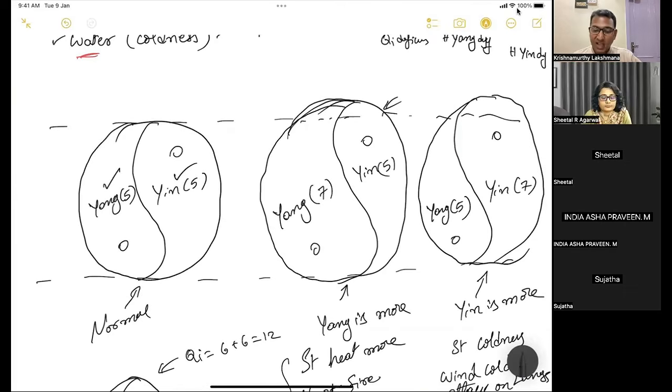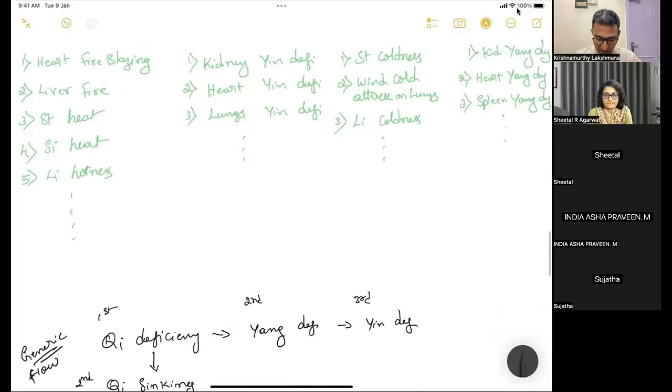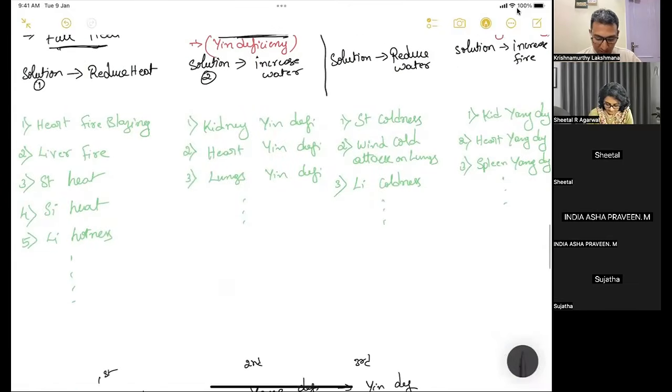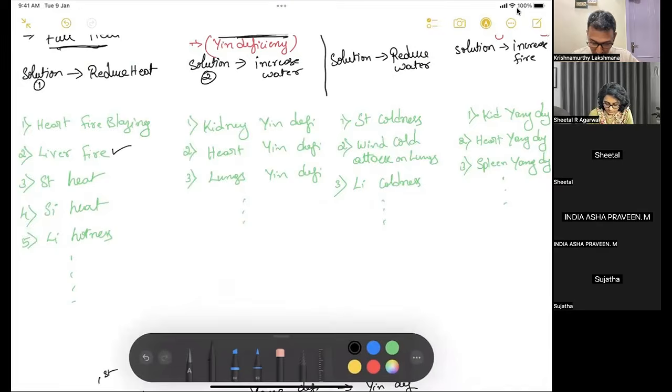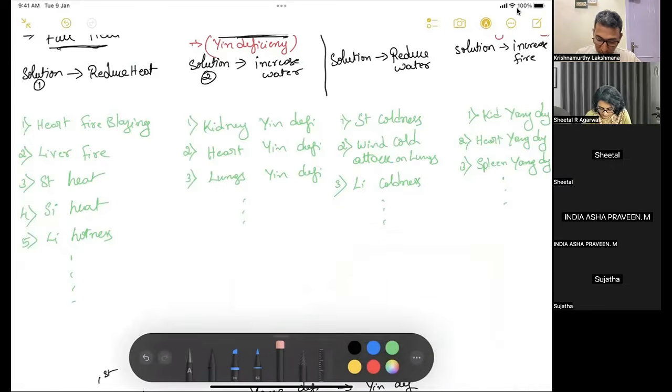So that is why, see, all the patterns that I have written here, you will see fire is more, whenever the situation is more.